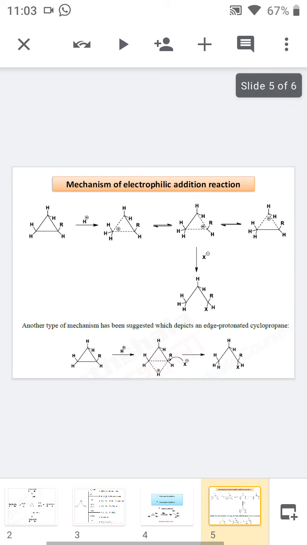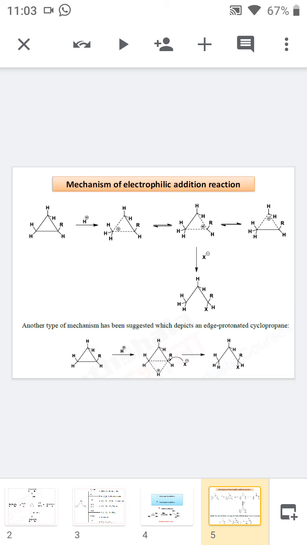Now we are moving into the mechanism of the electrophilic addition reaction. Consider a cyclopropane ring in which one of the carbons is substituted by R. If you add an electrophile H+, the H+ will attack one of the least substituted carbon atoms.